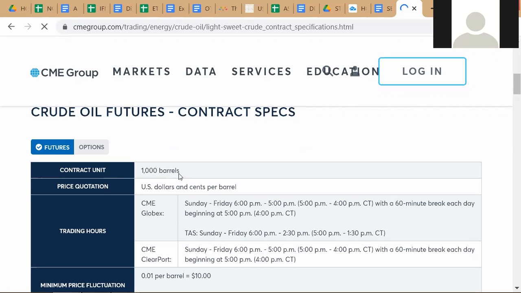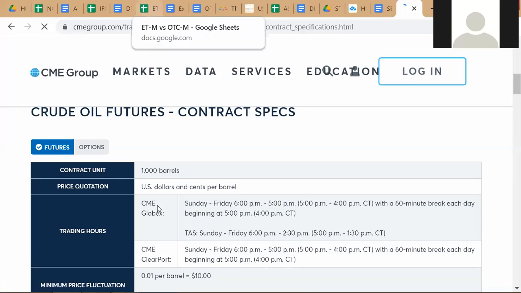Contract size 1,000 barrels. You cannot say I will trade crude oil for 673 barrels. Not possible. 1,000, 2,000, 3,000, 4,000, 5,000, so on and so forth. Integer multiples of 1,000 barrels. That's your contract size.